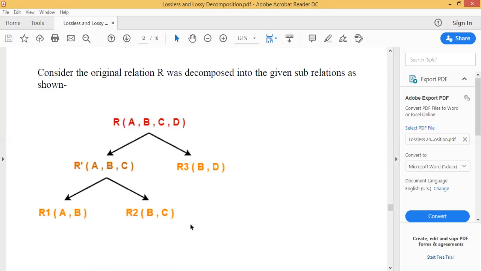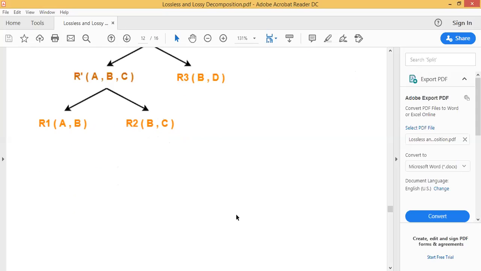So first we break the relation as shown in the figure. R (A, B, C, D) breaks into R dash and R3. R dash holds three attributes A, B, C. R3 holds two attributes B and D. Next, the R dash relation is also broken into R1, which holds A and B, and R2, which holds B and C.